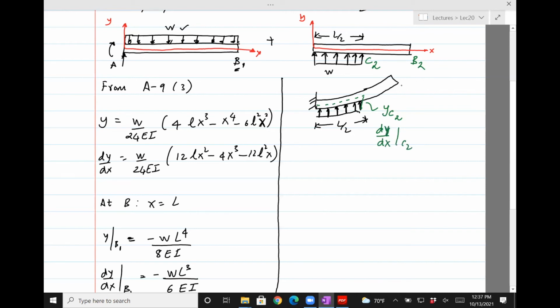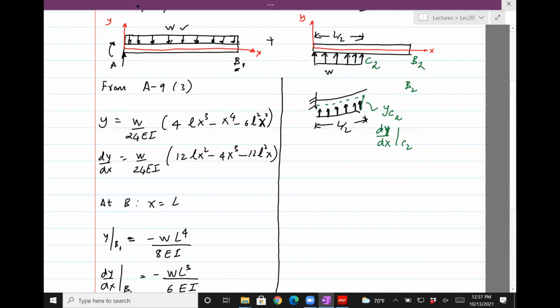Okay. And then if you want to find the slope and deflection here at B2, then what happens here is that the slope is the same. So from this point to this point, I didn't draw it quite right. So it's going to be bent in a curve up till here, till the loading. And then it's going to be something like this.